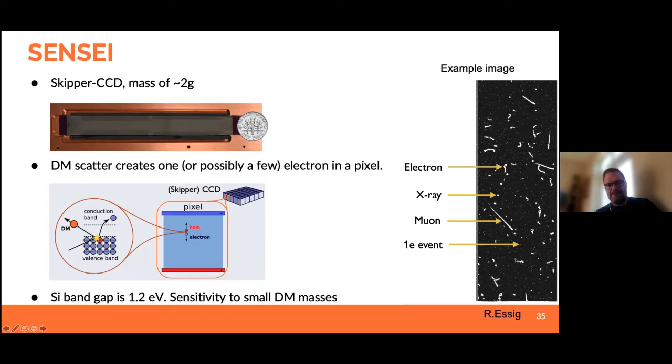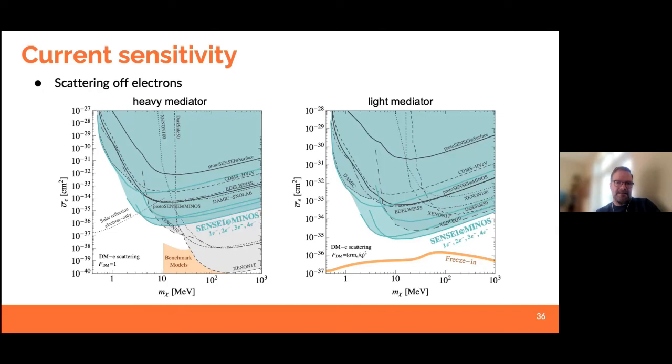And on the right here is an example picture where different types of processes leave different types of signals in this camera, basically, right? The CCD is sort of what you have within your mobile phone camera as well. And these tiny dots that you can see, these are these one electron events. And they have set limits as well, quite strong here.